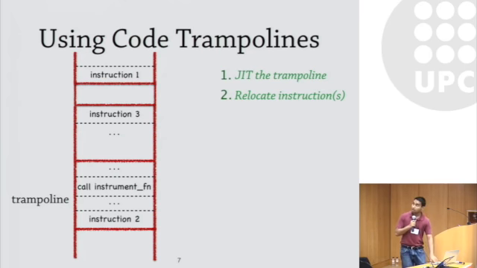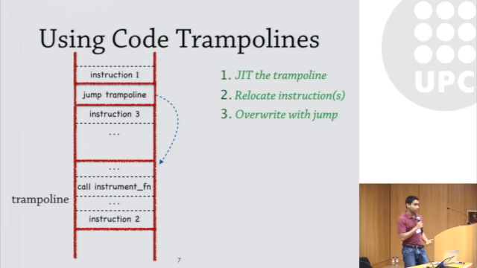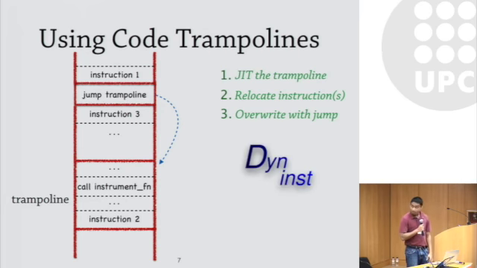As the final step, we overwrite it with the trampoline jump, which, at runtime, will transfer the control to this trampoline and into the instrumentation function. Dyninst is the state of the art in runtime instrumentation like this, and it uses this trampoline-based probe injection mechanism.